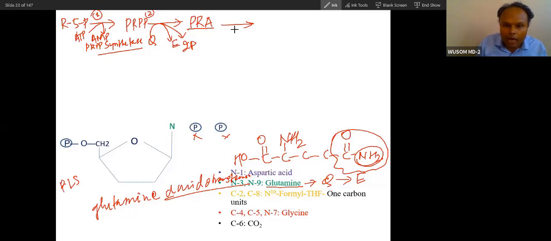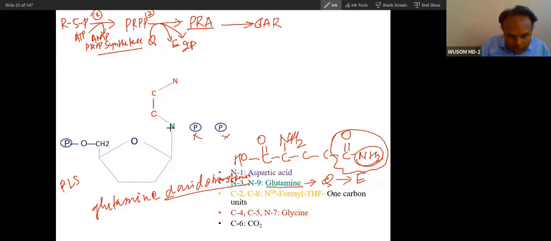Now the third step, what will happen? Let's see. At the third step, glycine will come. Glycine is a 2 carbon plus 1 nitrogen containing compound, so you can remember it that way. So you can see this glycine. This becomes a molecule, short form GAR, glycinamide ribose 5-phosphate.